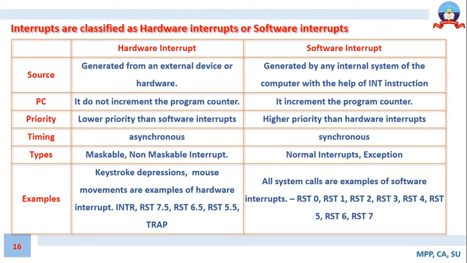Source of hardware interrupt: generated from an external device or hardware. Likewise, a software interrupt is generated by an internal system of a computer with the help of instructions. So here we have the INT instruction for generating software interrupts. Now, program counter: in case of a hardware interrupt, it does not increment the program counter, whereas in case of a software interrupt, the program counter is incremented.